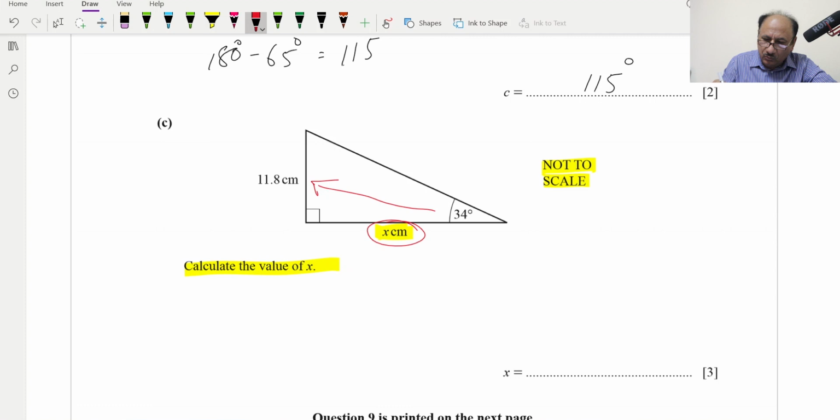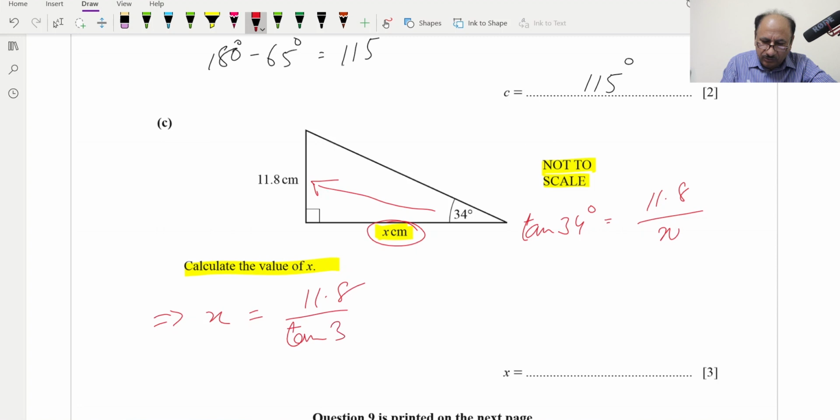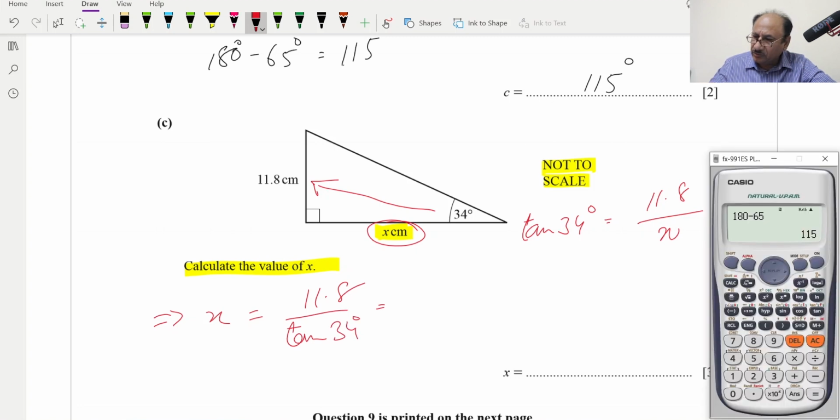So opposite over adjacent is equal to tan of 34 degrees is equal to 11.8 over x, and this implies x is equal to 11.8 over tan of 34 degrees. We can use the calculator, and keep in mind, while calculating these degrees, your calculator should be in degree mode so that you will get the correct answer.